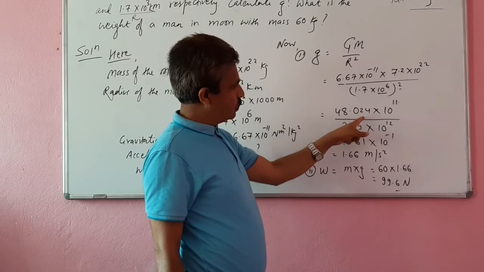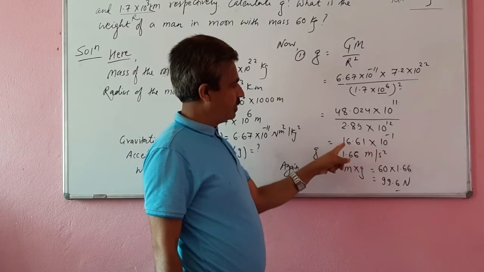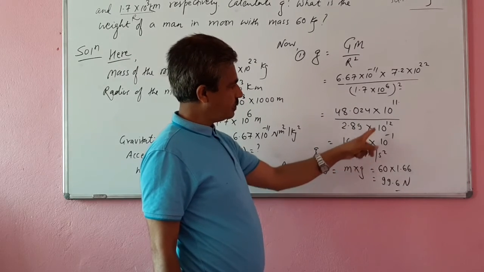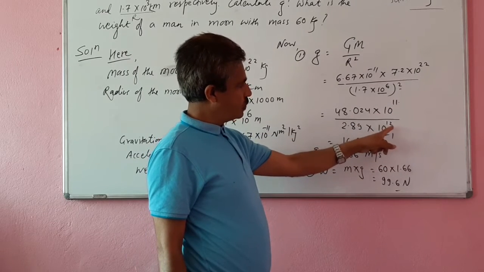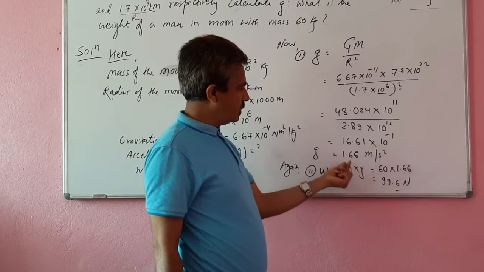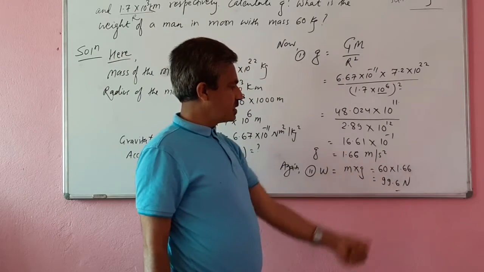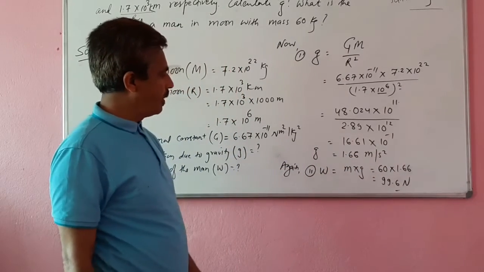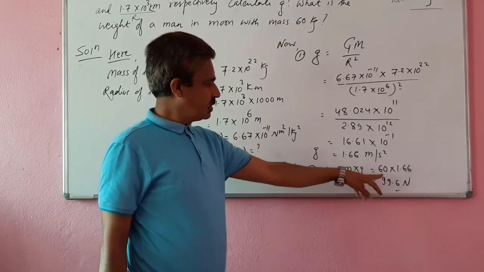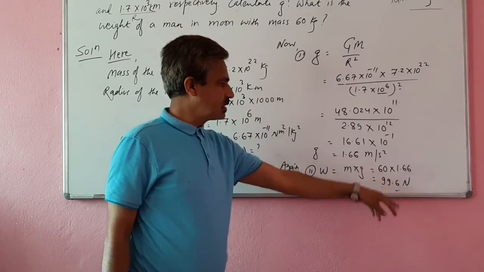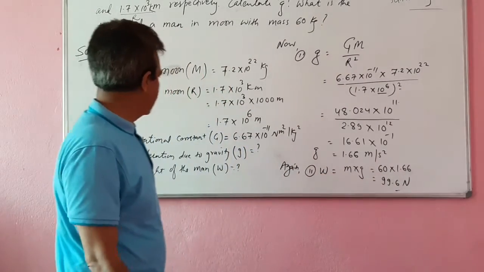When 48.024 is divided by 2.89, we get 16.61, and 10 to the power 11 divided by 10 to the power 12 means 10 to the power minus 1. The value of g comes 1.66 meter per second square. Second part is W equals to mg. 60 times 1.66 means 99.6 Newton.